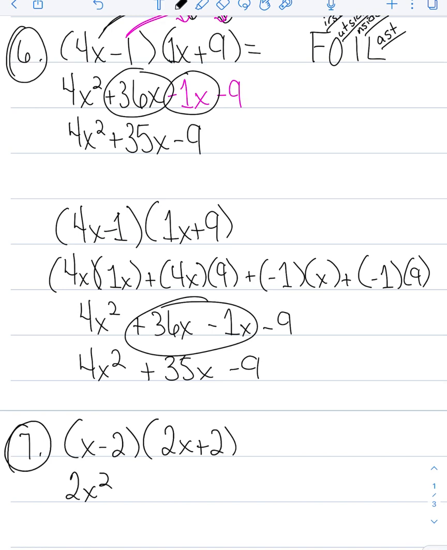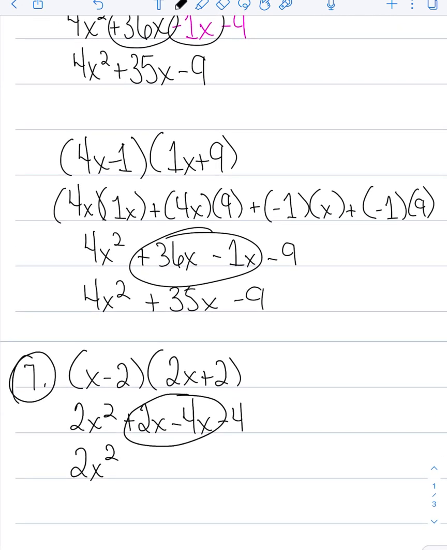Outside, x times 2 is plus 2x. Inside, -2 times 2x is -4x. Last, -2 times +2 is -4. And I do have like terms to combine, so my equivalent expression or simplified answer or product is 2x squared minus 2x minus 4.